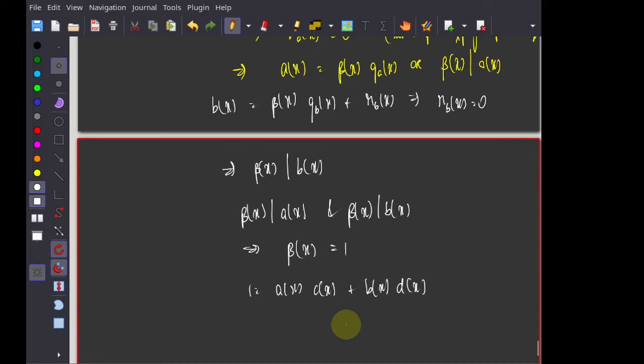Any questions? No, we have proved that 1 is in G. We have only used the fact that the GCD is equal to 1.